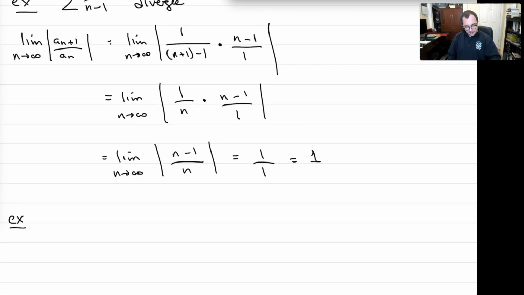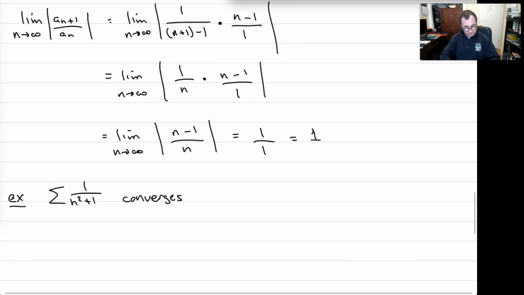Let's look at a convergent series. 1 over n squared plus 1. This is a convergent series. Again, you can do a direct comparison test with the series 1 over n squared, if you'd like to prove that this is convergent.